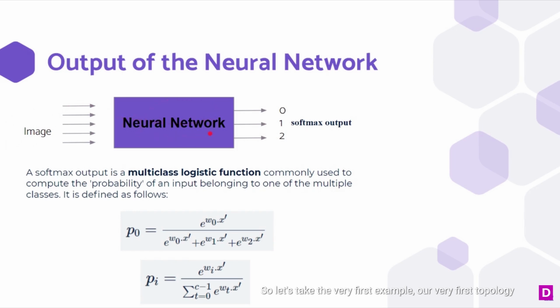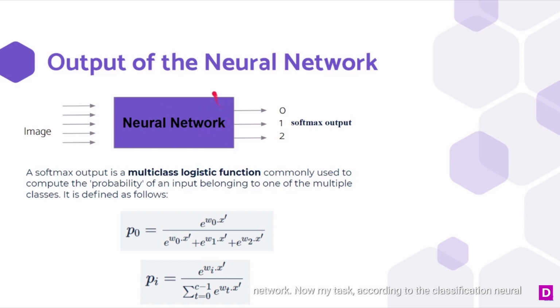So let's take the very first topology, that is the classification topology. Now we have an input that is image data. So we have internally converted this image into numerical form, that is the pixel form, converting the image into pixels and pixels to a vector form or a matrix form. Once that is done, I am feeding that into the neural network.